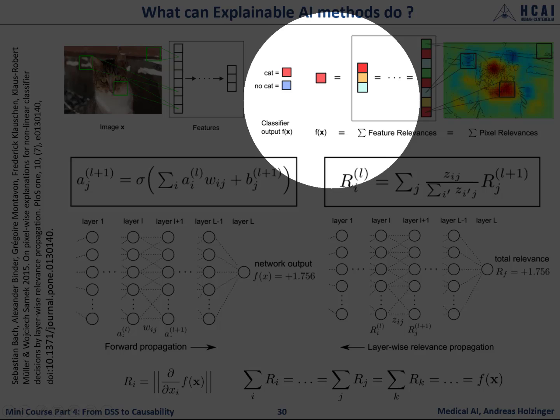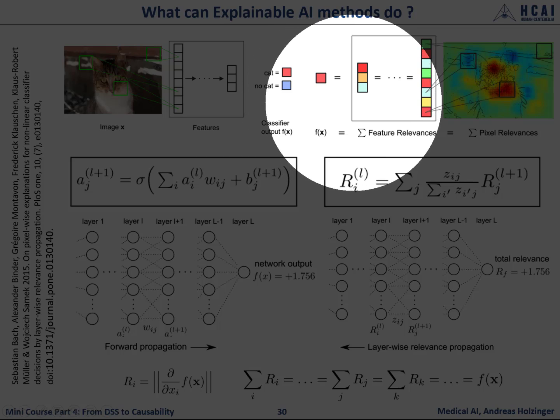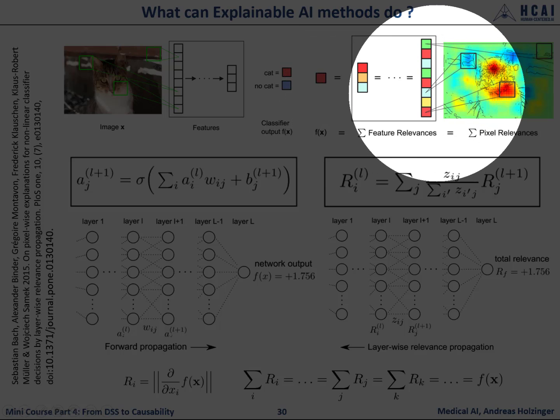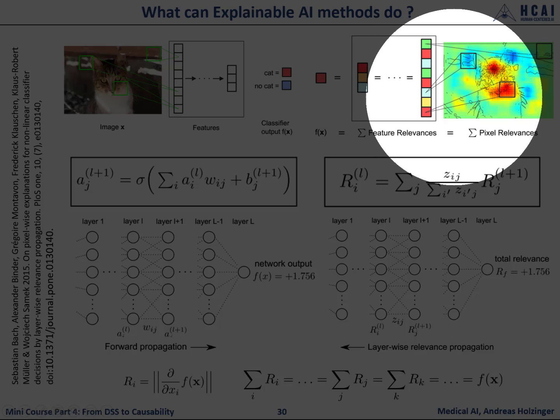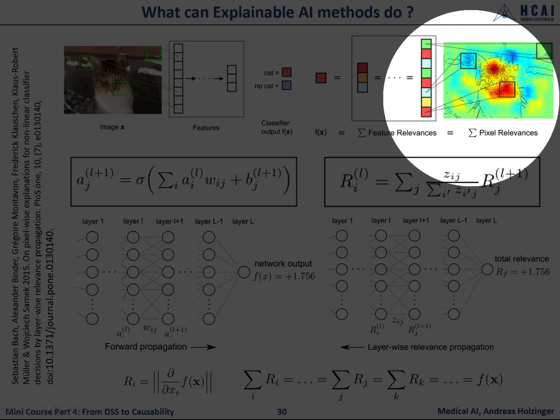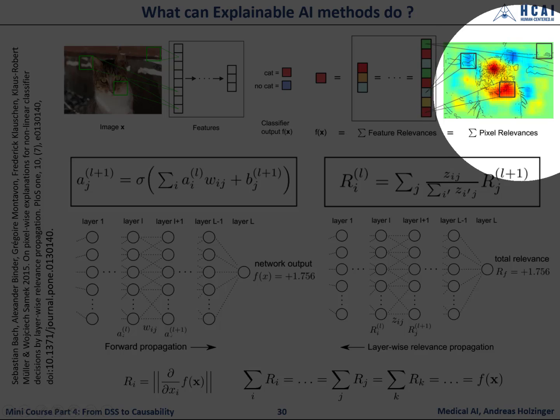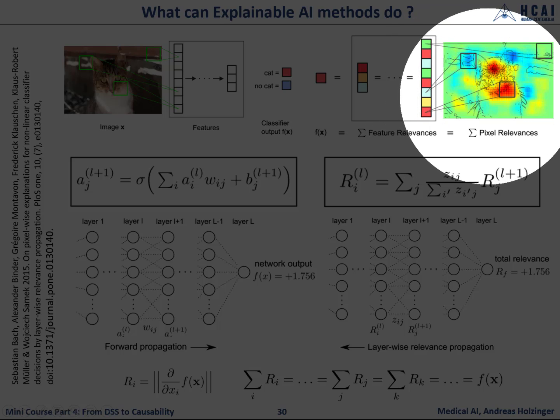Now the classifier is applied to assign the image to a given category, and then this particular method, this relevance method, can show you what contributed to making a cat a cat. You see it here. Red is most relevant and blue is most irrelevant. So you see a certain aspect of making a cat is the whiskers, for example.